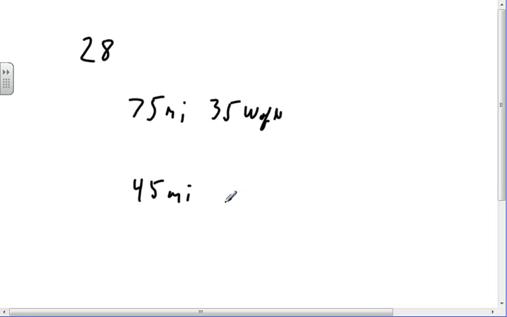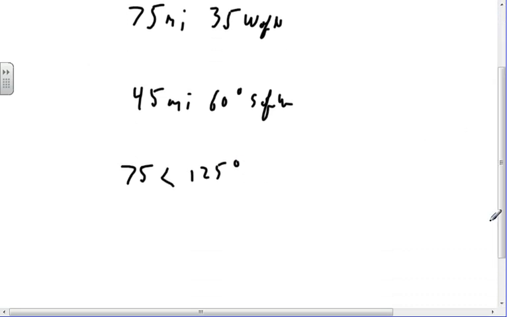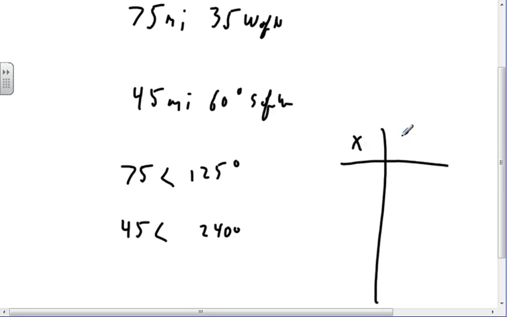And 60 south of west. Okay, so I recognize this as 75 at an angle of 125. And I recognize this other one as 45 at an angle of 240. And then I ask myself for the X and Y components.